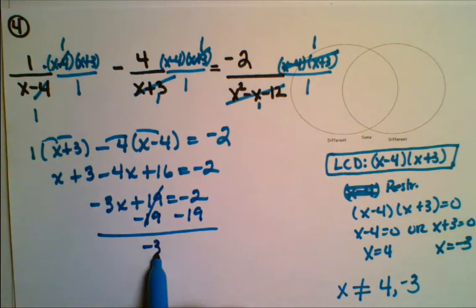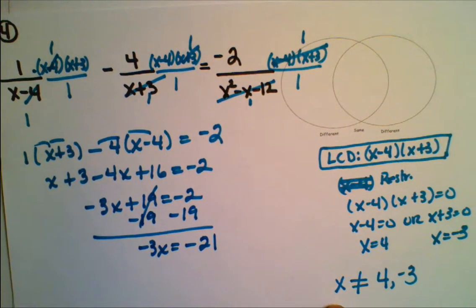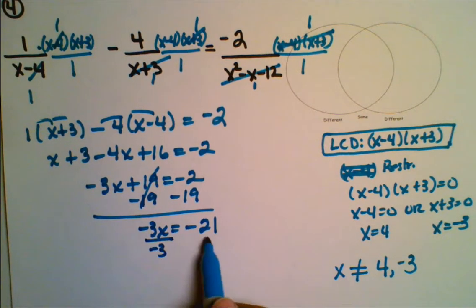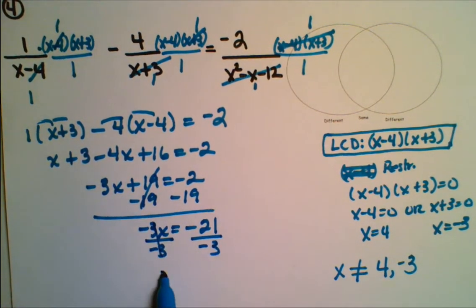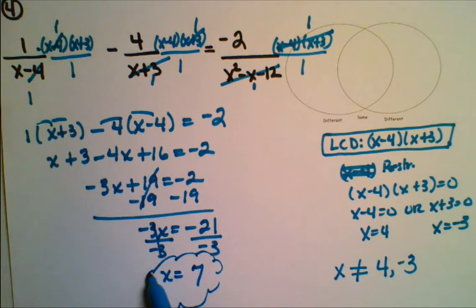We have negative 3x is equal to negative 21. Then we're going to divide by negative 3. And we have x is equal to positive 7. So this would be our answer. It's not a restriction, which we're fine with. And we have a solution of 7.